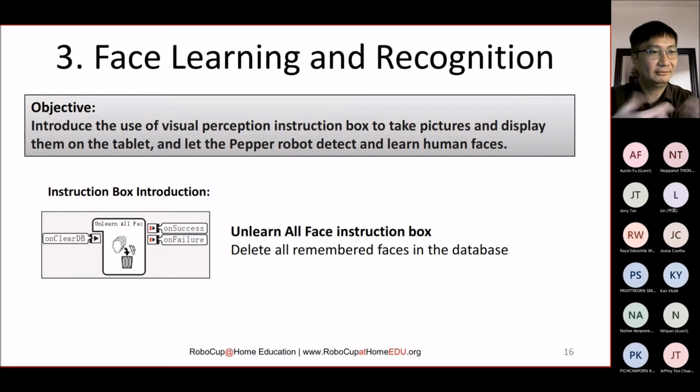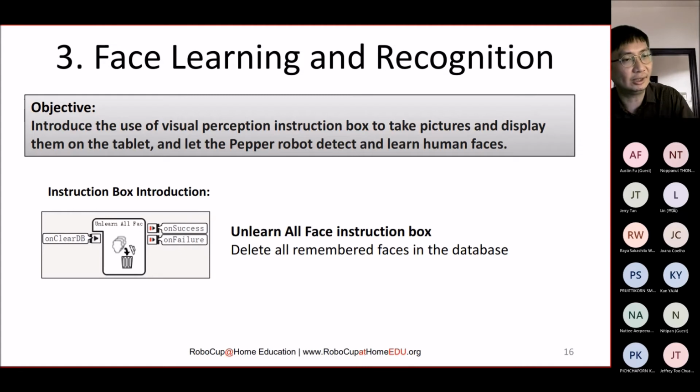So first we start with the unlearn all faces instruction box. Although this is not supposed to be the main one, you always need to use this to erase all the faces that were trained before. Why we need this is just in case, before this program or this development, someone actually used this before.